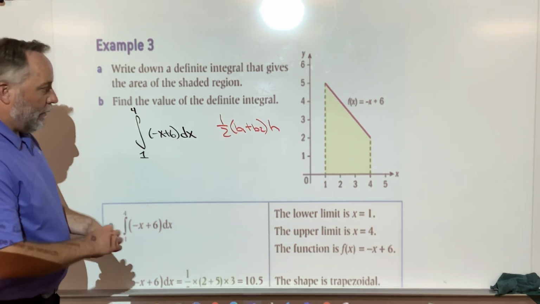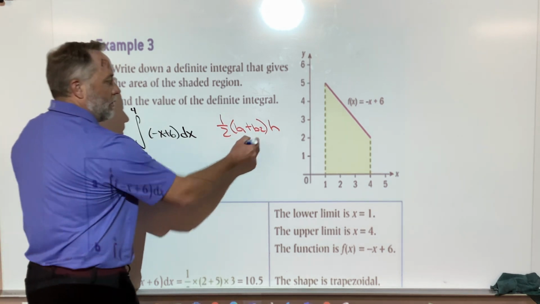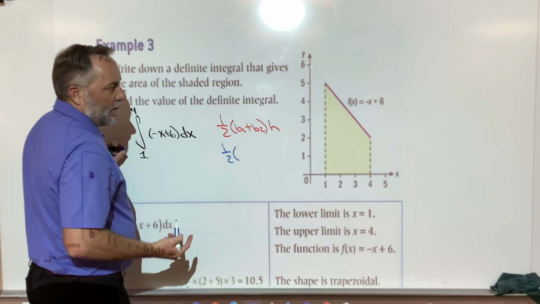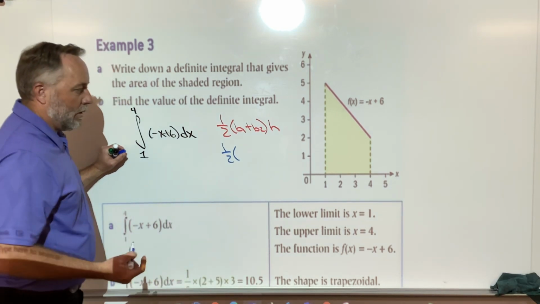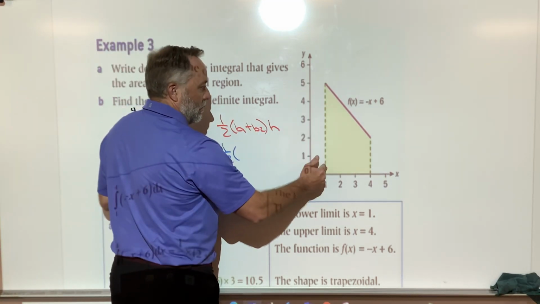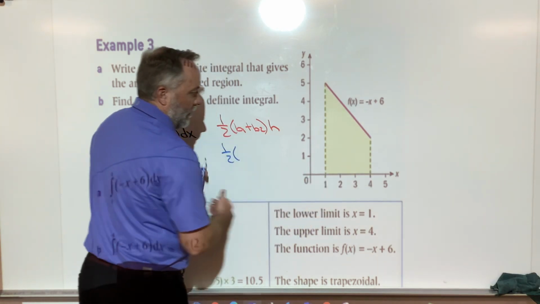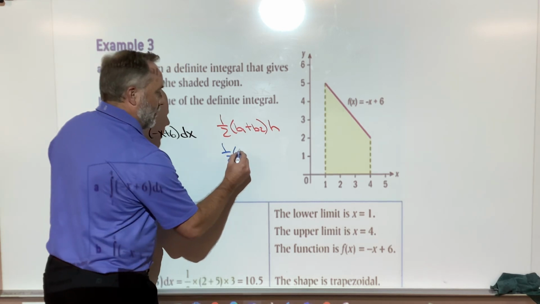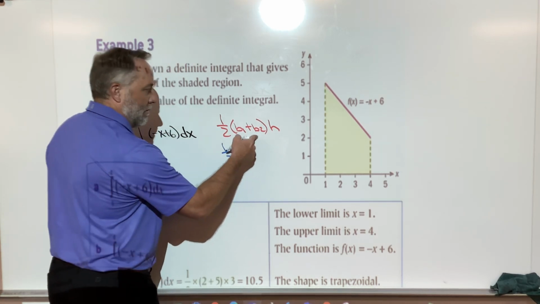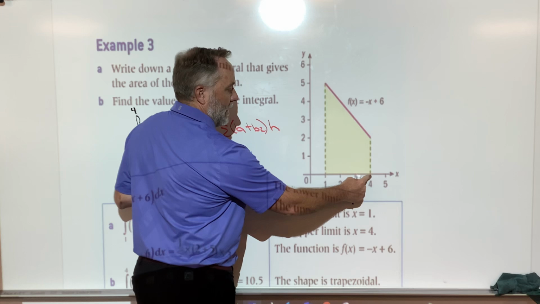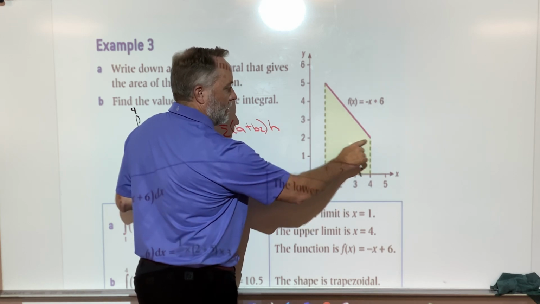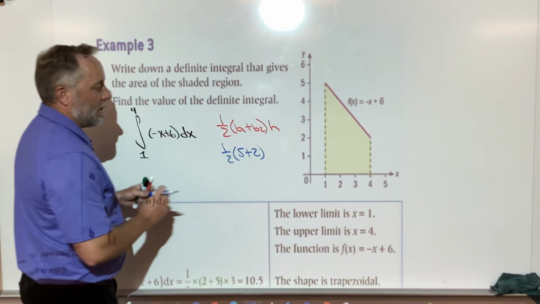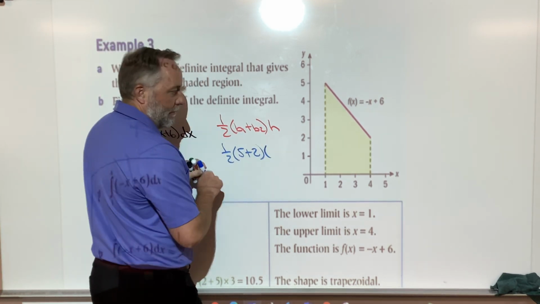So if we were trying to find that area of the trapezoid using this formula, it would be 1/2 base 1. Doesn't matter which one you consider to be base 1 or base 2, but this is base 1, that's base 2, or vice versa. But what's that base? It goes from 0 to 5, so that would be 5 plus base 2. What's this base? It's 0 to 2, so that base is 2. And then times its height. So we've kind of flipped this 90 degrees.